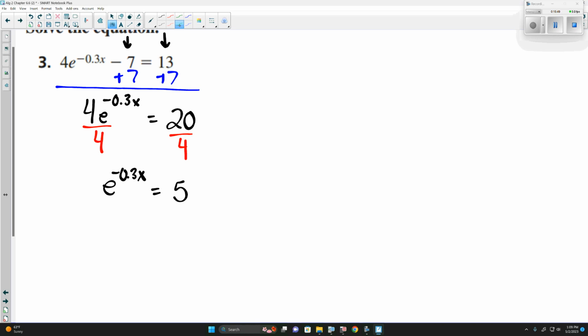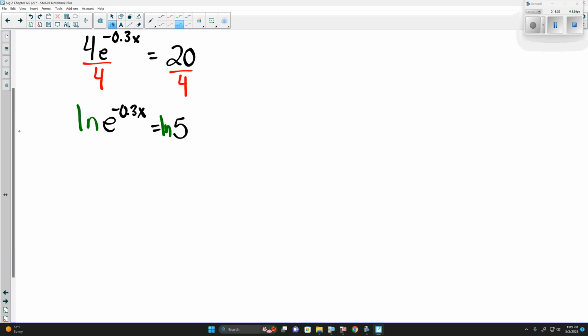Now e, we didn't just use any log, we actually used ln, because the natural log's base was understood to be e. And if we use ln, the properties of exponents still hold true. We can move the exponent to the front, moving the negative 0.3x to the front, again giving us ln of e is equal to the natural log of 5.